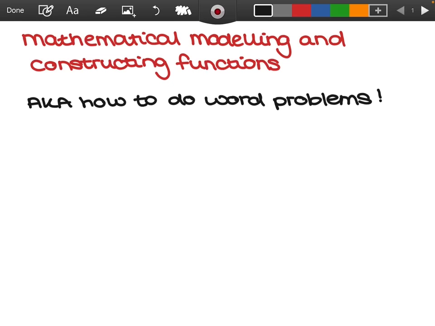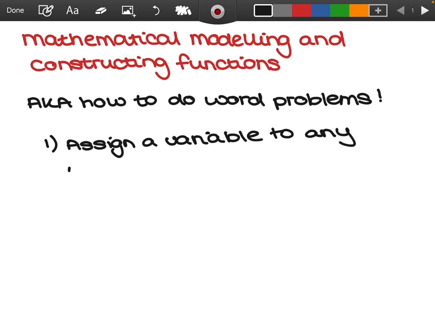Okay, so first thing, always assign a variable to any unknowns. That will help you when you go ahead and do the algebra in these problems.